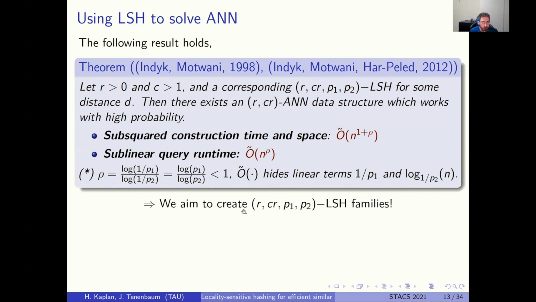Hence, to give an approximate near neighbor structure for polygon retrieval based on shape, we aim to create (R,CR,P1,P2)-LSH families for our distance functions. This concludes our detour to approximate near neighbors and locality sensitive hashing.